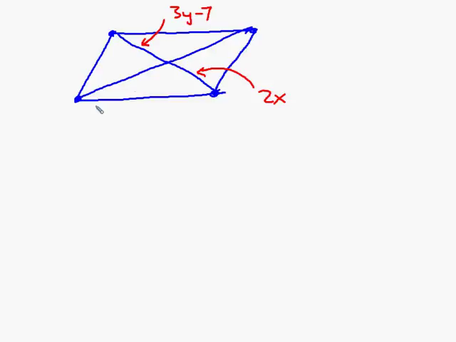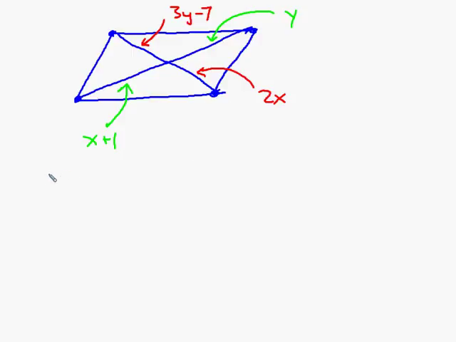And I'll do the next pair in green. Let's say this one right here is x plus 1, and this piece right here, let's say that's just y. So if these diagonals bisect each other, write an equation that associates the two pieces that are in red.